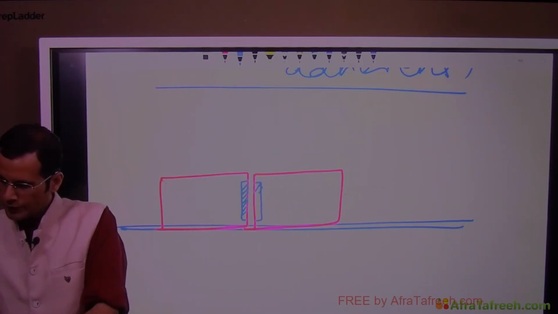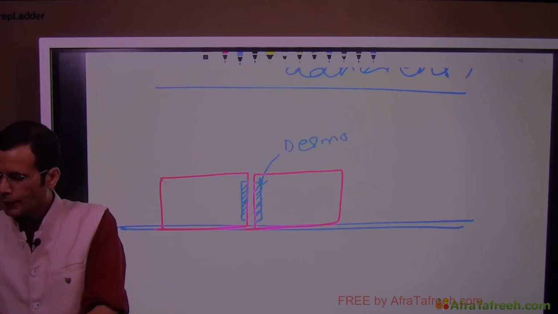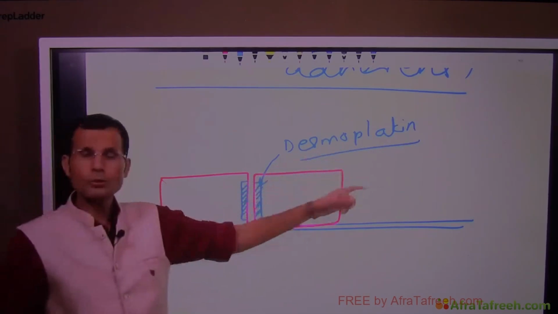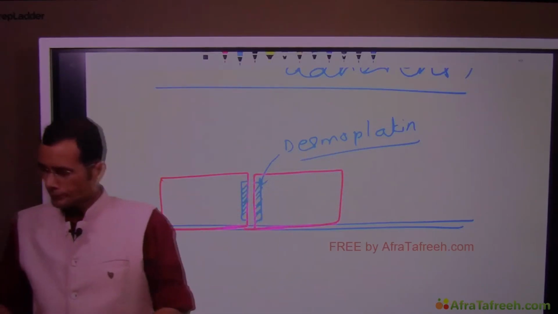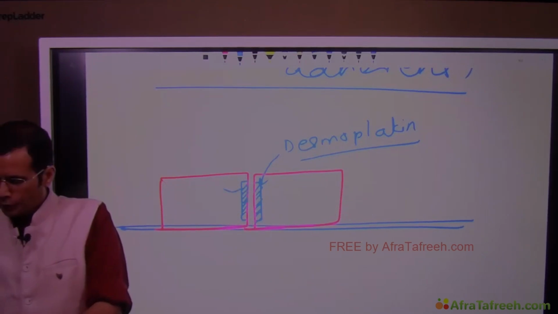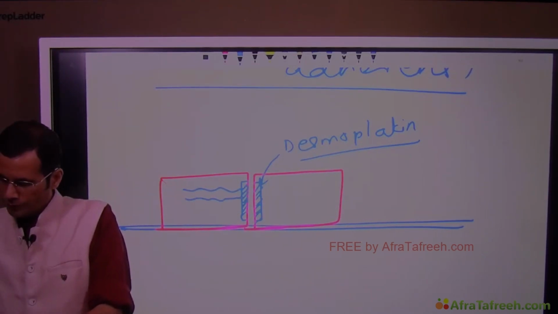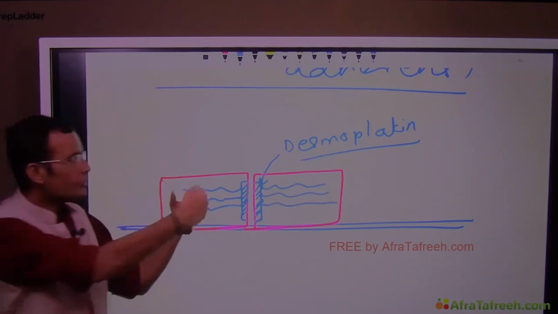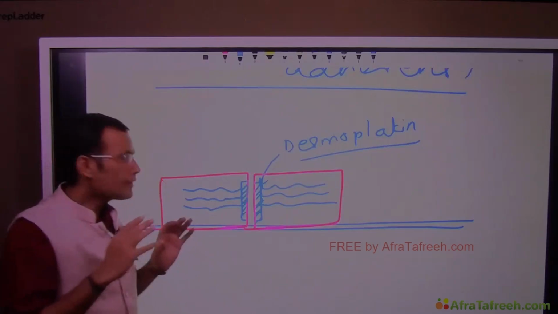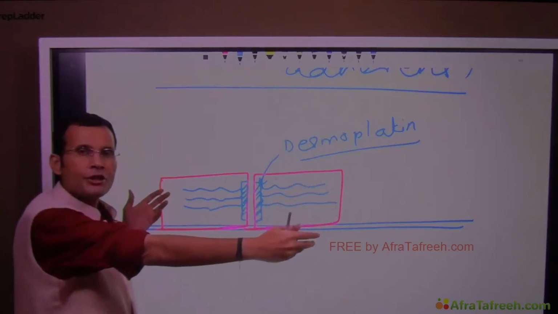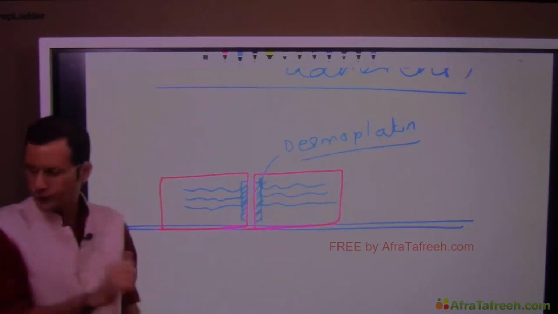And this plaque is formed by the protein called desmoplakin. Desmoplakin is spelled like that, although the plaque spelling is plaque. And then fibrillar proteins extend on either side, on either cell. So this provides a lot of tensile strength to the entire sheet because of this kind of arrangement.